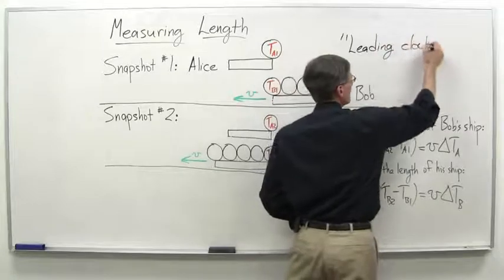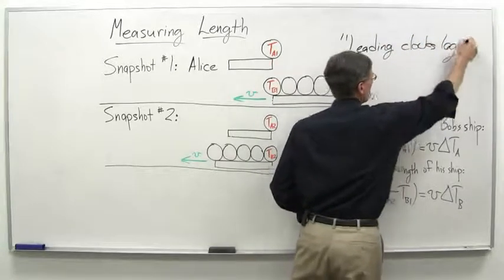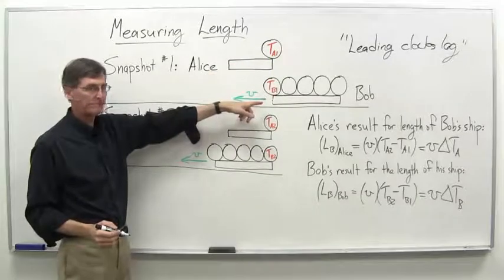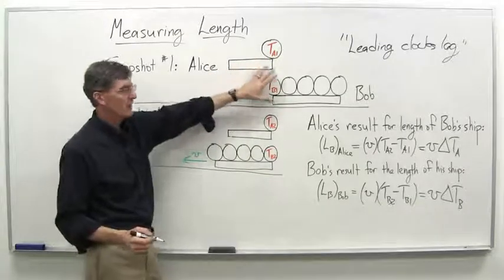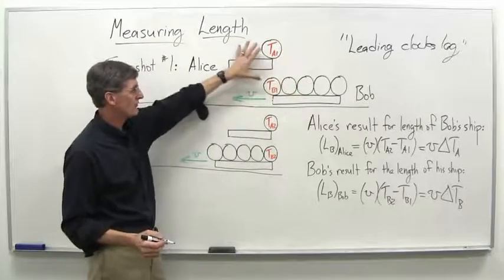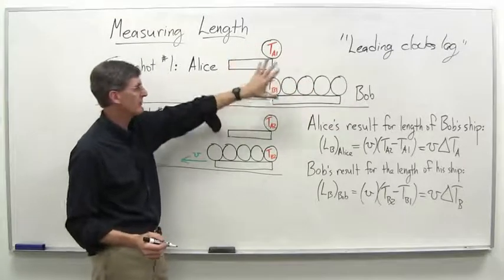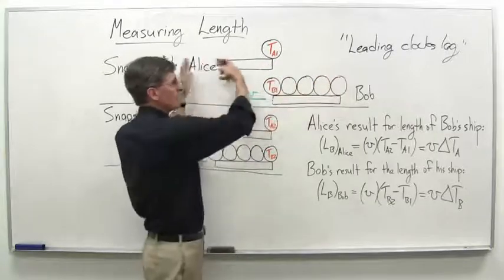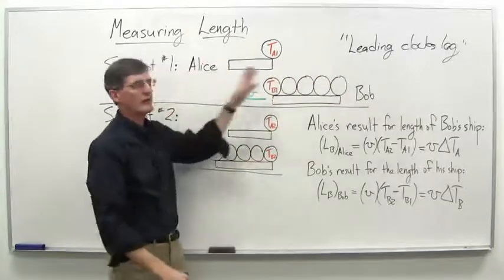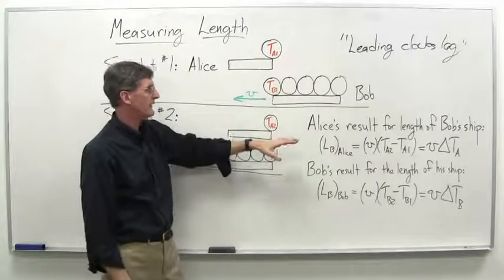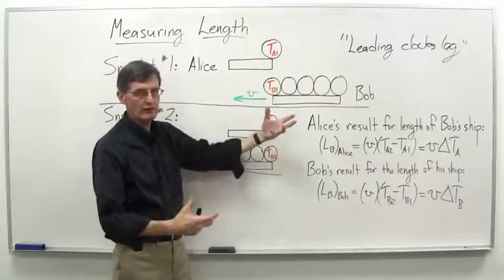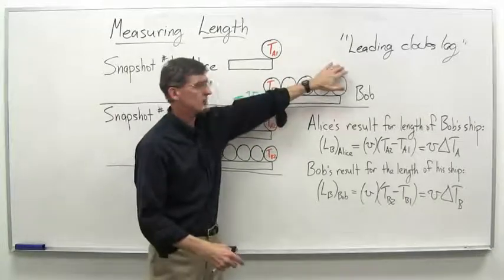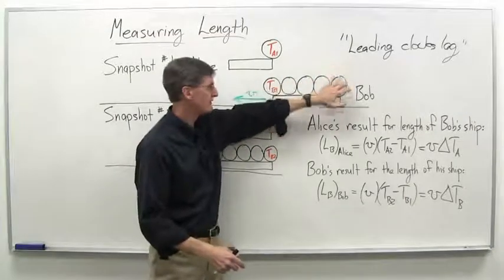So as Alice looks at Bob's clocks here, if she were to look at all of Bob's clocks at the same instant, so say at this instant in time, we not only take a photograph here, but we have another photographic device out here. Remember, we imagine Alice having a whole lattice of clocks, so we can take a photograph any place along that we want and compare times with other clocks and locations. So take a photograph. When this photograph here goes off, she'll take another photograph simultaneously here.